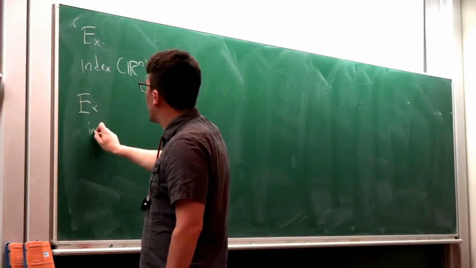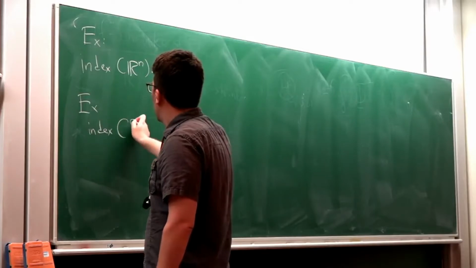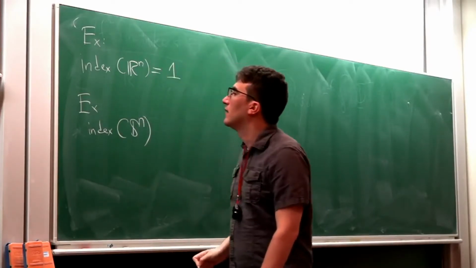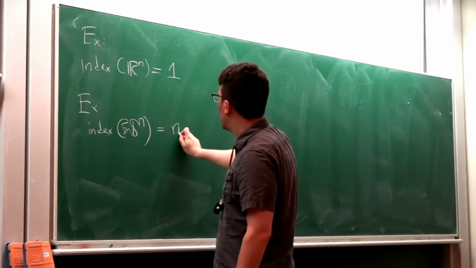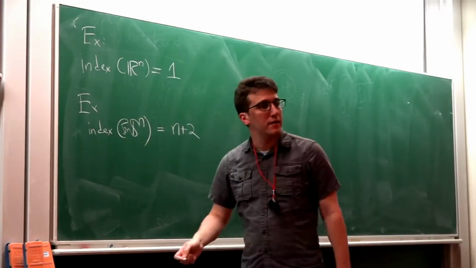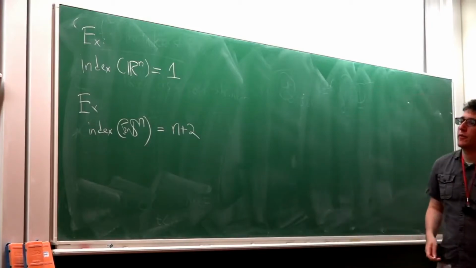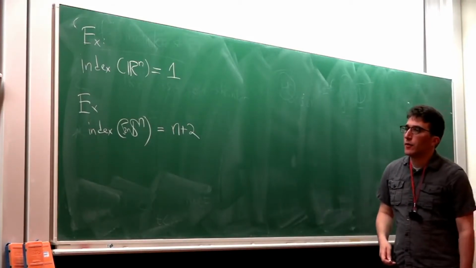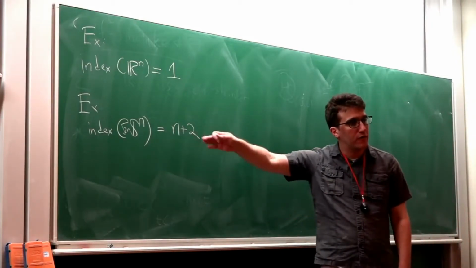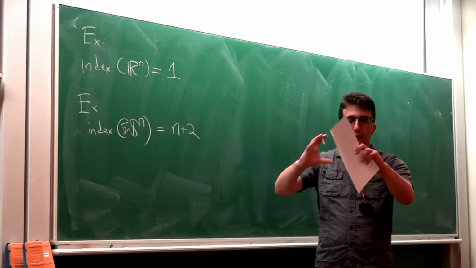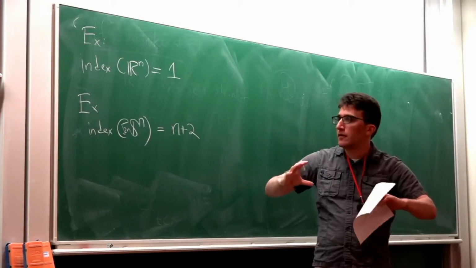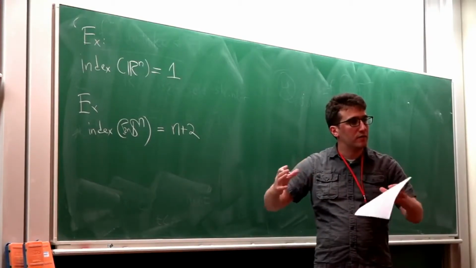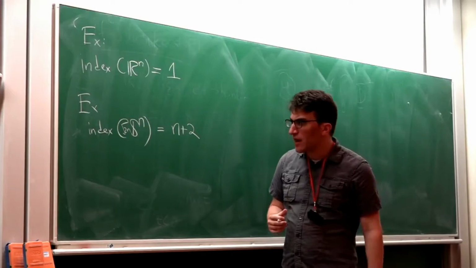Another example is, of course, the index of the sphere of radius square root of 2n. That turns out to be n plus 2. So what are the negative directions? Again, these are all going to be geometric. If you take this round sphere and dilate it by making it a little bit bigger, that's going to decrease the F area.